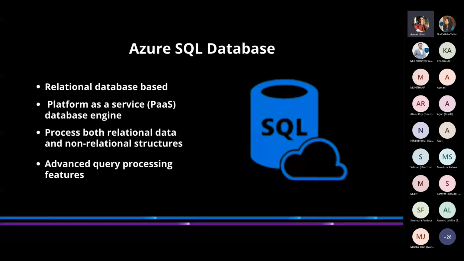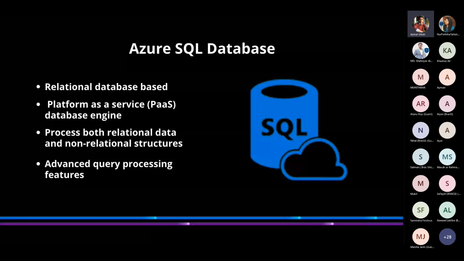Some notable features of Azure SQL Database: it is a platform as a service database engine, PaaS for short, and it handles most of the database management functions such as upgrading, patching, backups, and monitoring without user involvement.